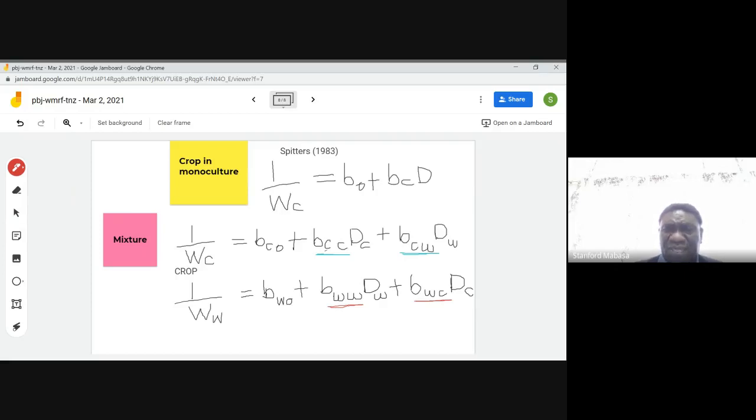So with this experiment, we can now measure, or we can now estimate competition. This CW represents intra-specific competition. And also this one is representing intra-specific competition.